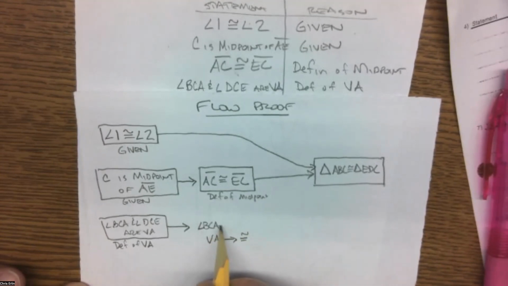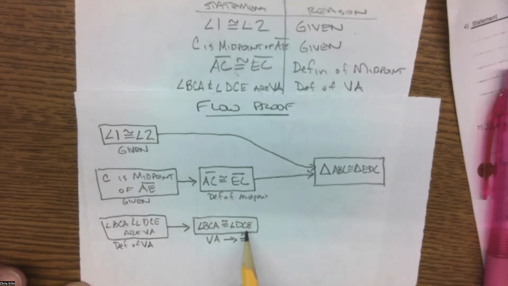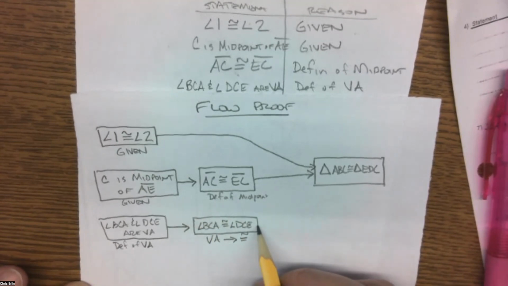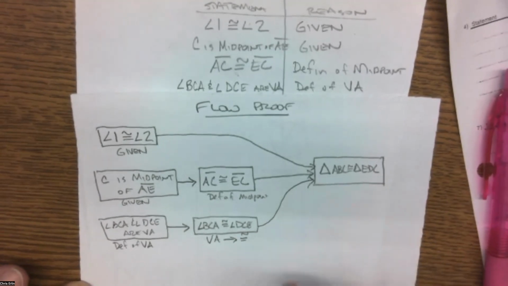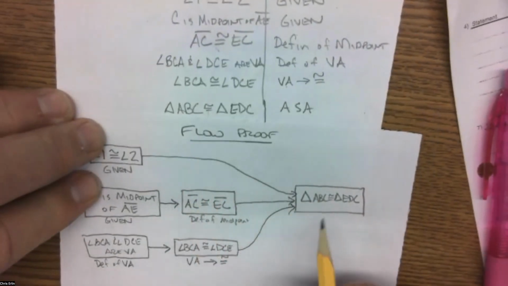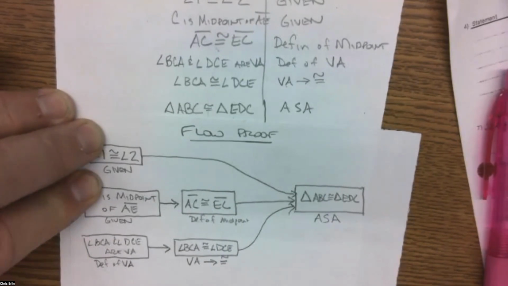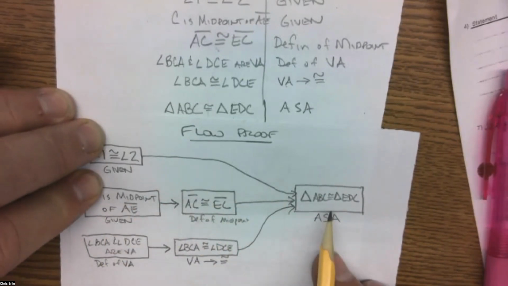So angle BCA is congruent to angle DCE. And is that my third fact I need to build these triangles as congruent? And when I look at my picture, I can see that it's ASA. And this is where I've achieved. I've worked all this stuff to get to here.